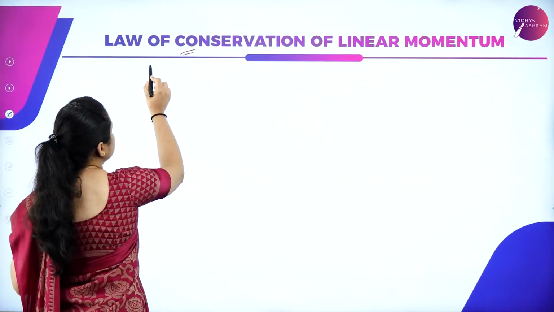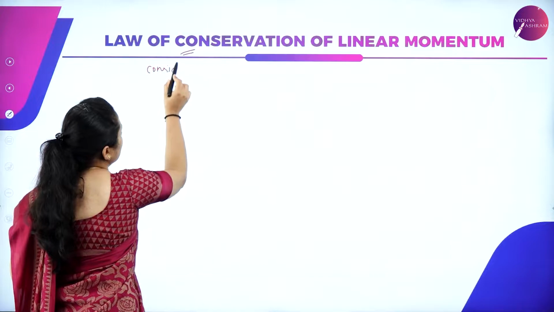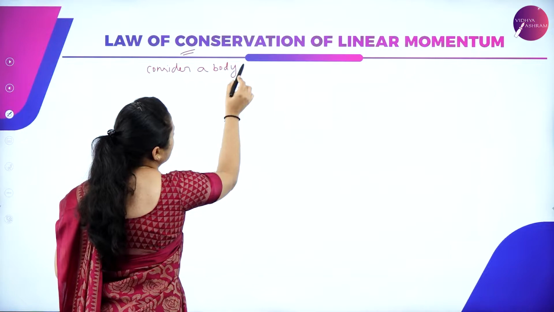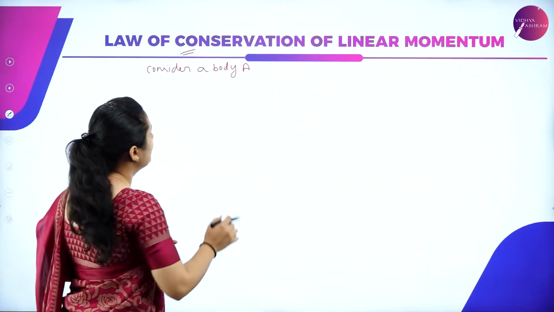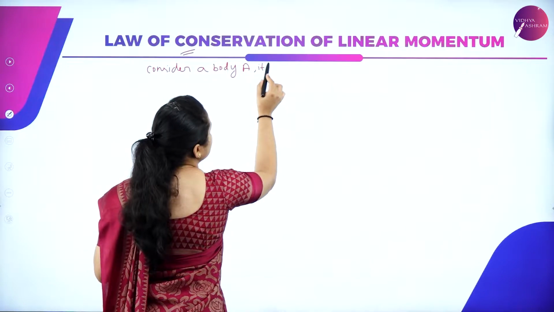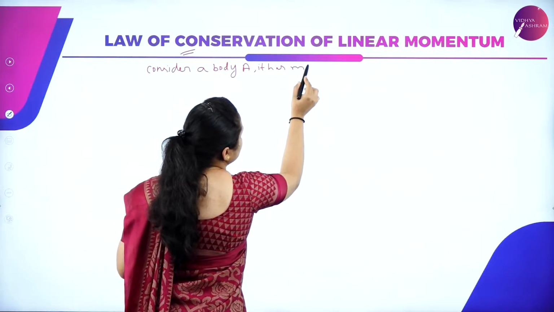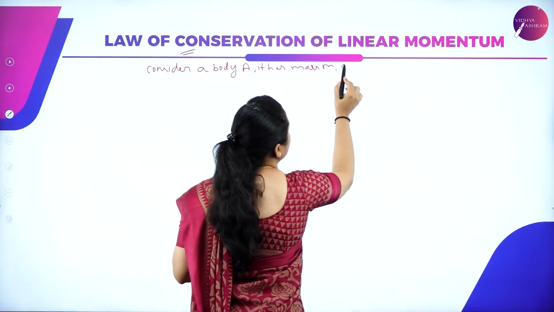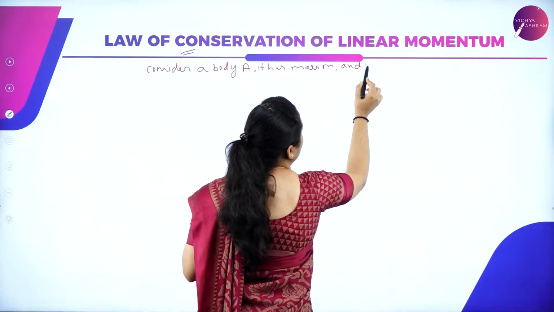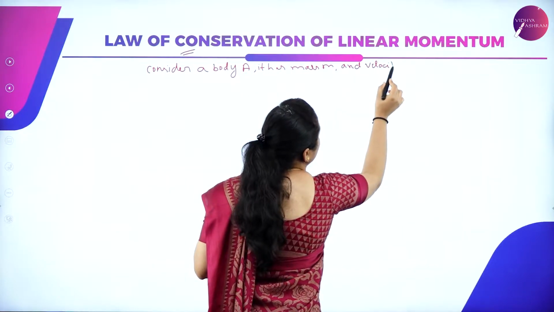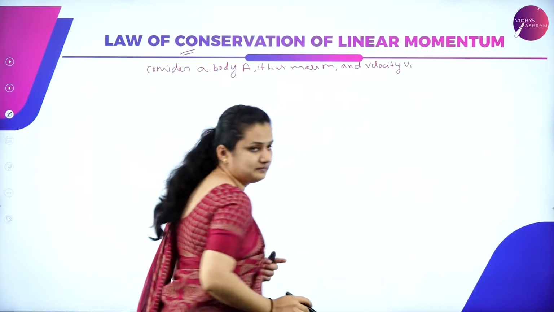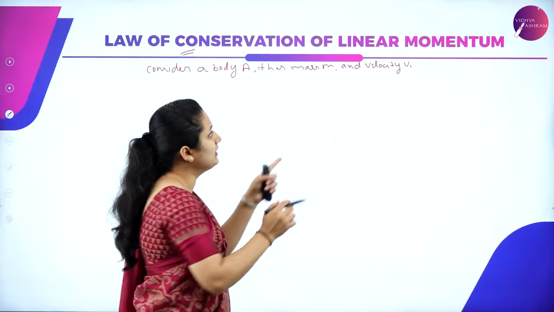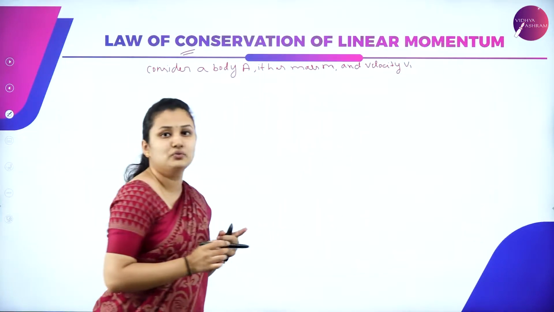So let us make some considerations. Consider a body A. It has mass m1 and velocity v1.